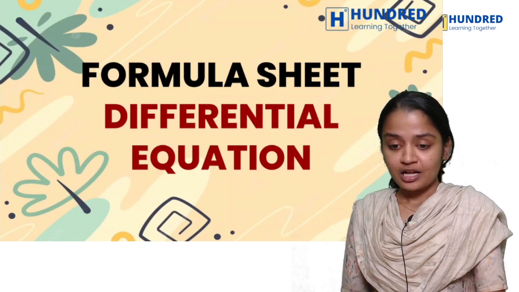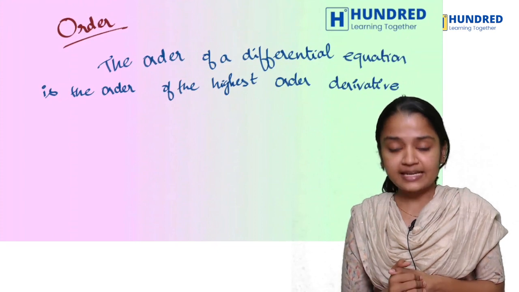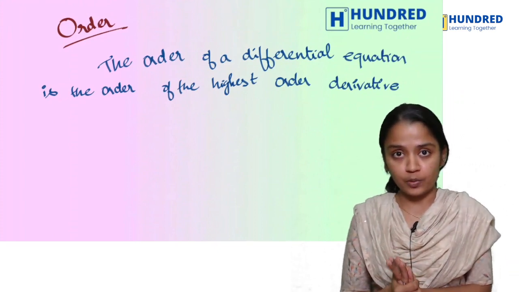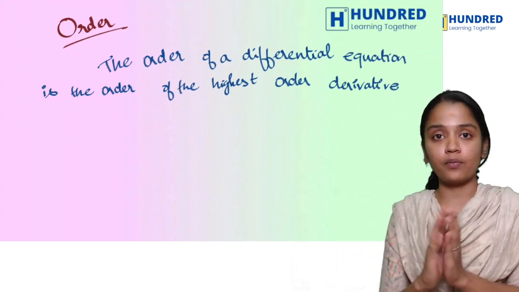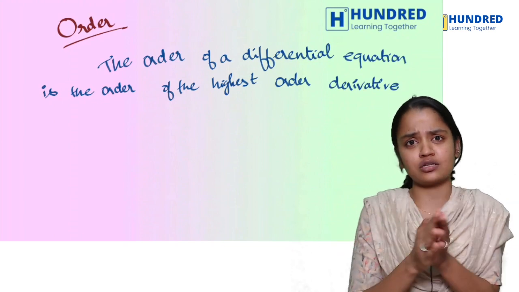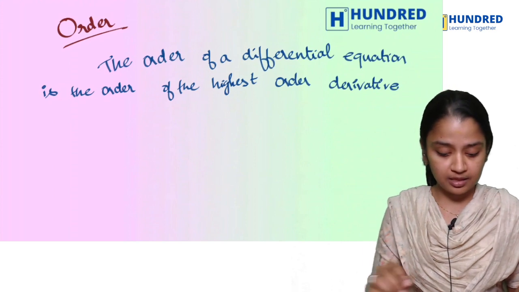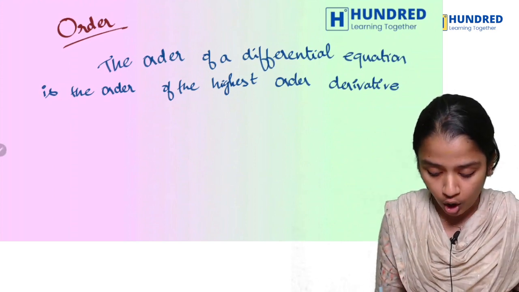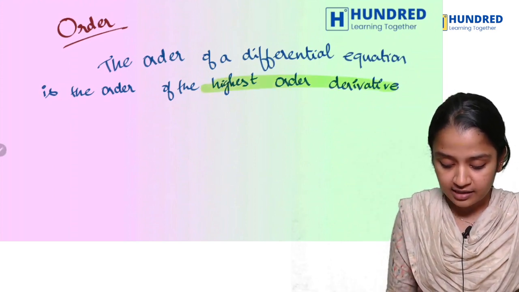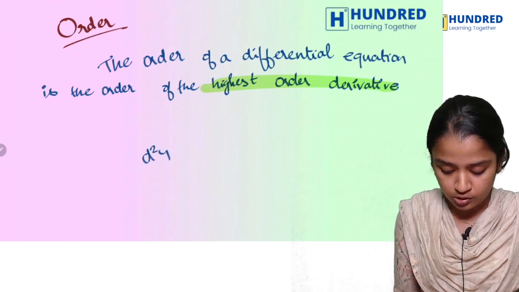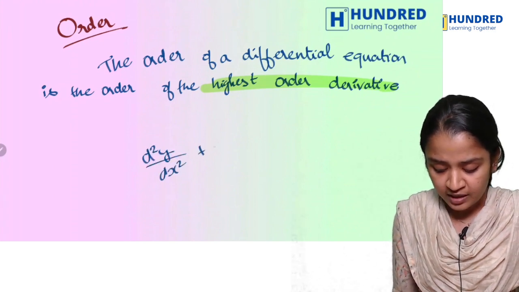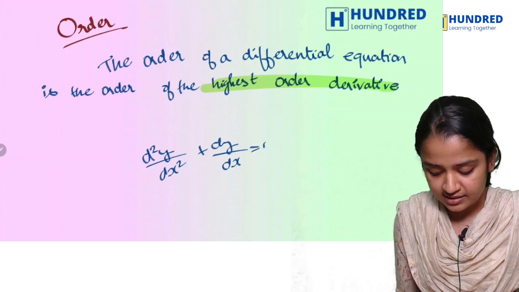First, let me tell you about the order of a differential equation. Generally, you will have an idea about what is and what is not a differential equation. The order of a differential equation is nothing but the highest order. For example, d square y by dx square plus dy by dx is equal to 0.